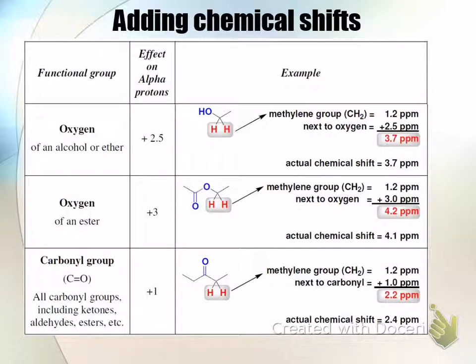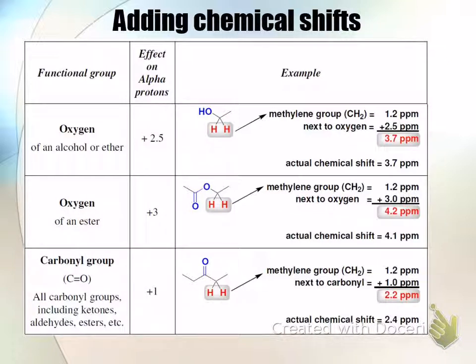If you're attached to, actually this one, a carbon next to a carbonyl, your offset's usually around 1. And I'll show you how you use these numbers in a second. And if you're attached to an oxygen attached to a carbonyl, your offset's usually about 3. Now you notice these two things together would add up to be 3.5, right? So they don't exactly add, because this one is a little bit further away.